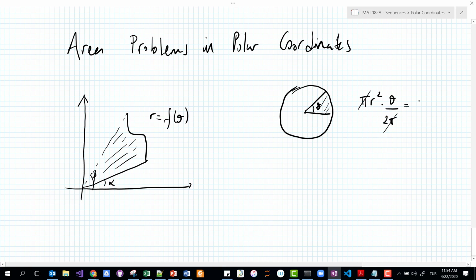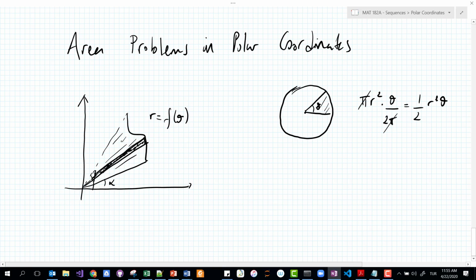So pi will go away, and the sector area is 1 over 2 r squared theta. If I apply the same approach to this area, I can take a small sector here and figure out its area using the same formula.